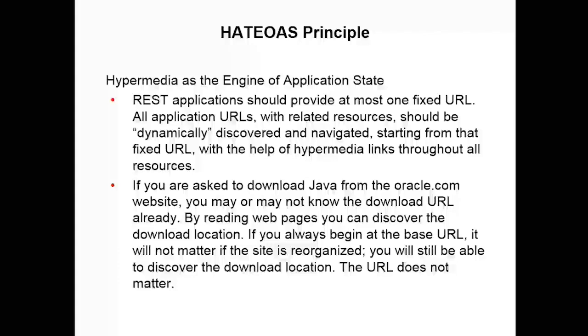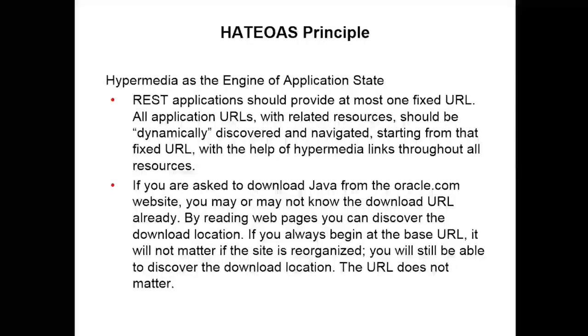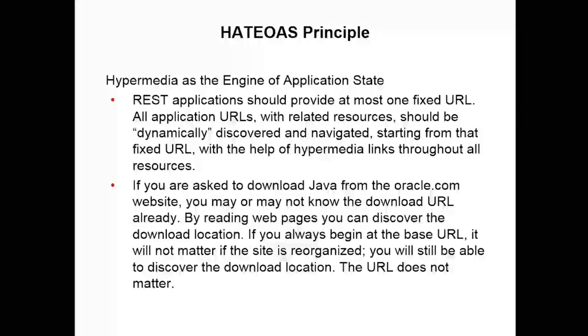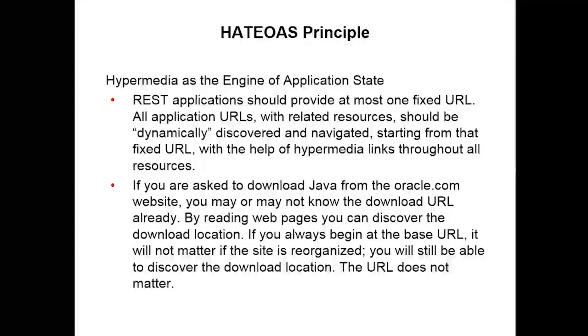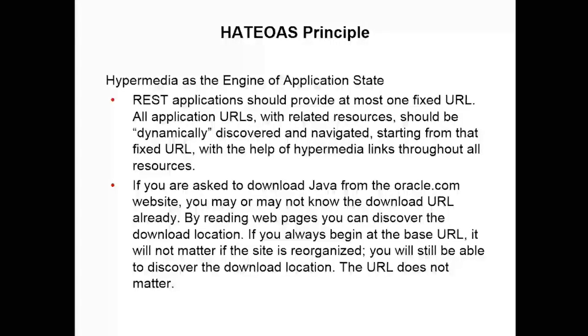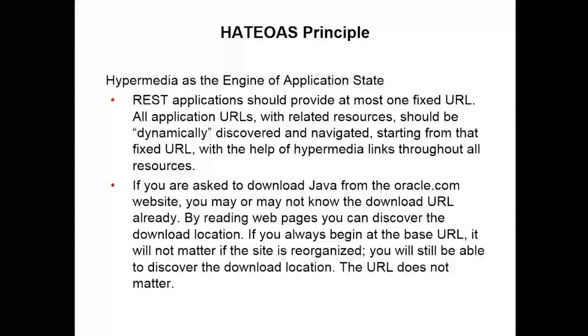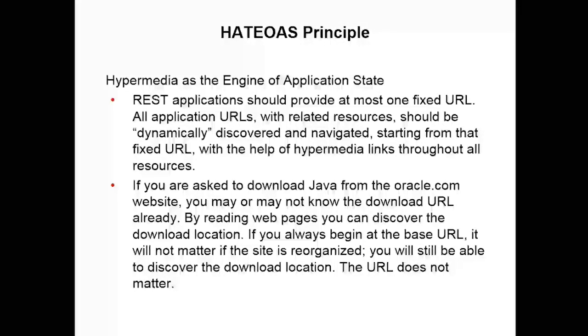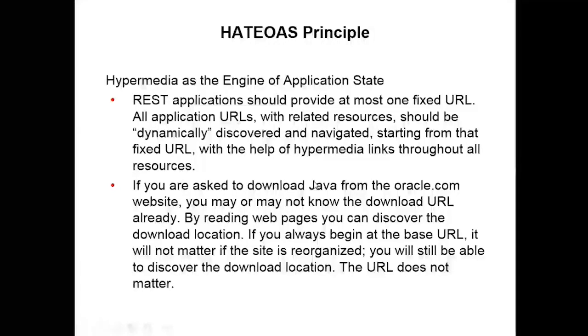By reading the web page, you can discover the download location. So if you always begin at the base URL, it will not matter if the site is reorganized, you will still be able to discover the download location. So what does it mean? If you do not need those details, they will be available to you in your space. So that is the idea behind the HATEOAS principle.